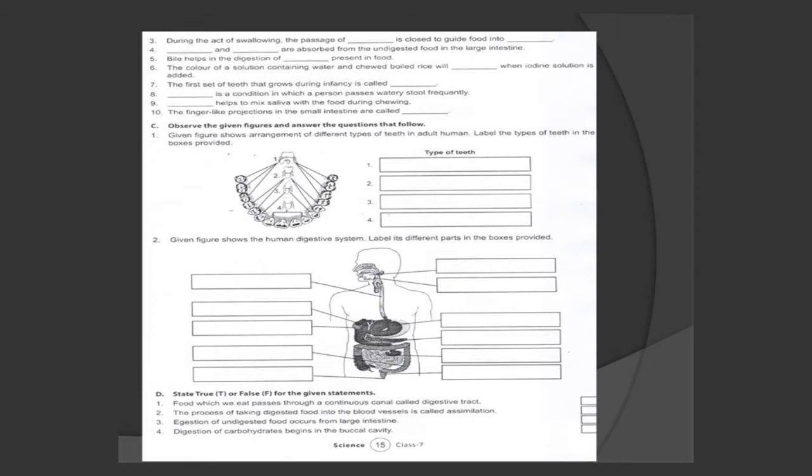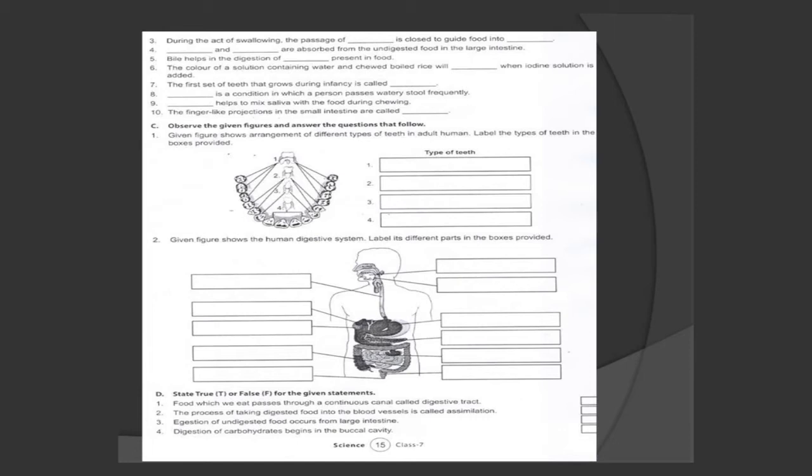But in boiled rice, the starch gets digested, converted. So the color of a solution containing water and chewed boiled rice will not change in color when iodine solution is added. Seventh one, the first set of teeth grows during infancy. Infancy in a child is called milk teeth.